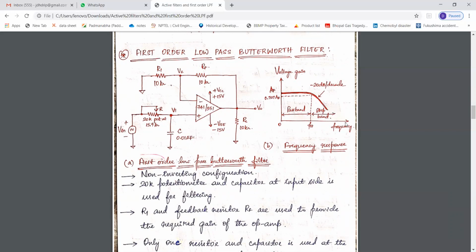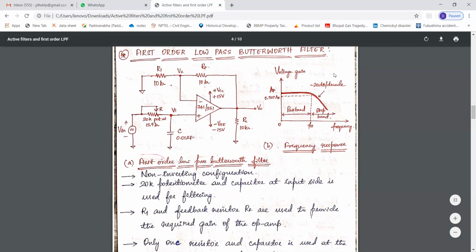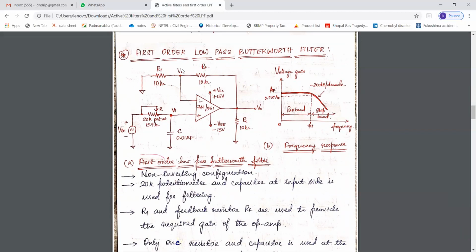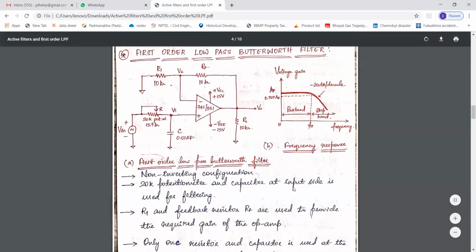And you can see that the roll off rate is minus 20 dB per decade, hence the name first order. From the graph also you can come to know that it is first order, and from the configuration of the circuit also, by seeing one pair of R and C at the input side, you can identify that it is a first order low pass Butterworth filter.